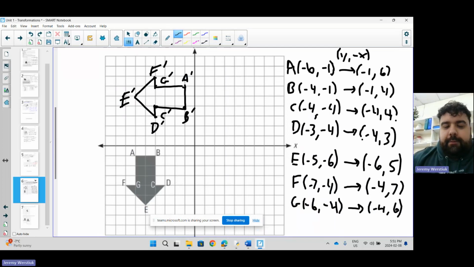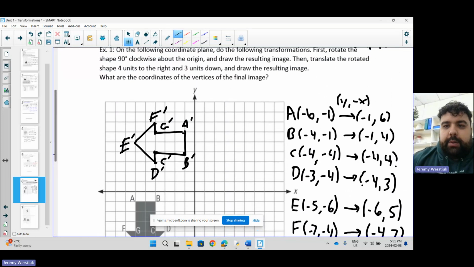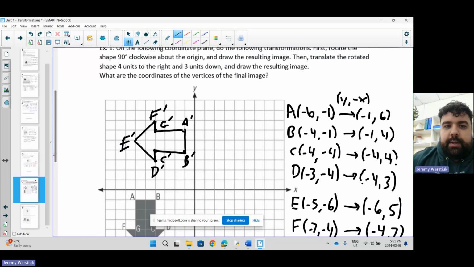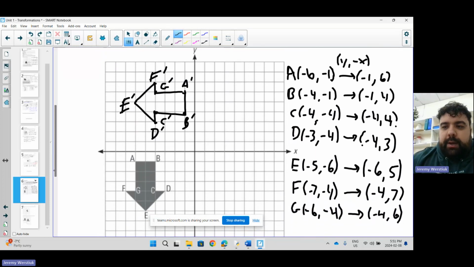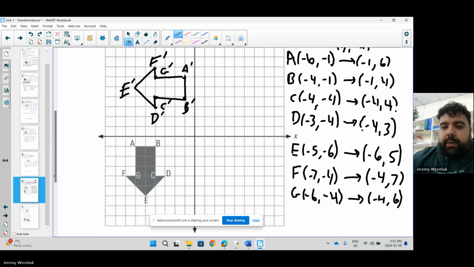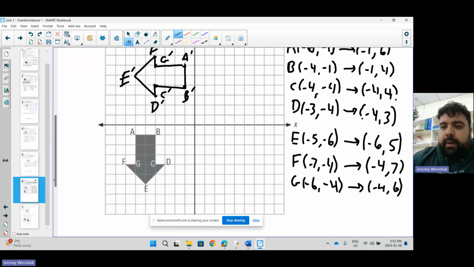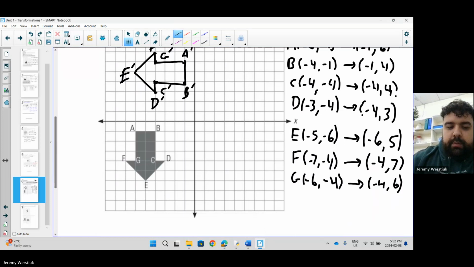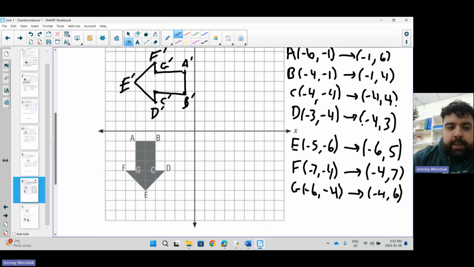So I've taken care of my first transformation, which was my rotation. Now when I go back to the question, I see that the translation is going to be 4 units to the right and 3 units down. I don't have a lot of room to work here, but I will write it along the bottom. Point A prime is -1 comma 6.